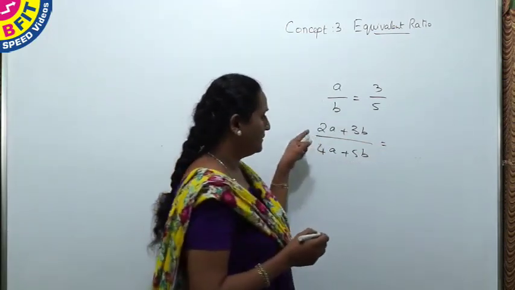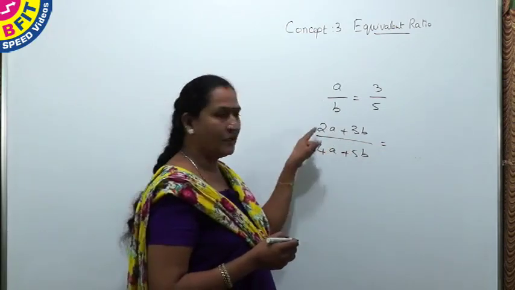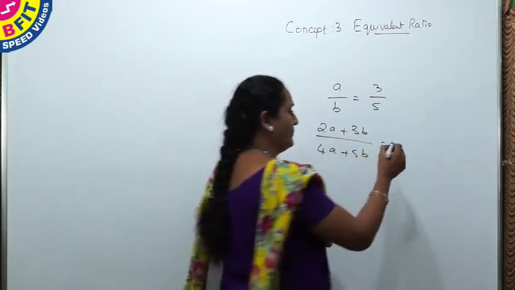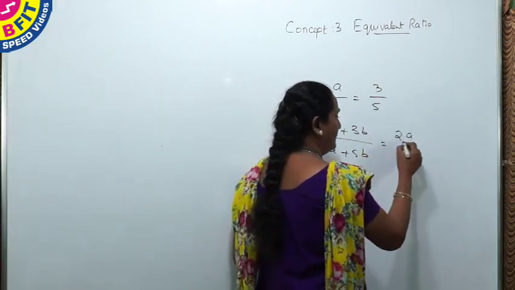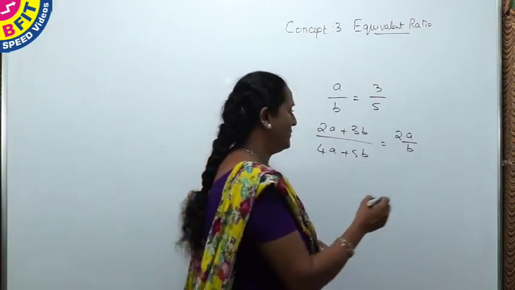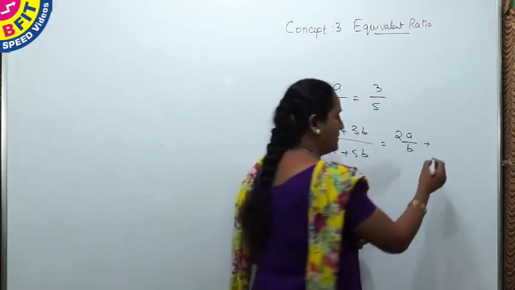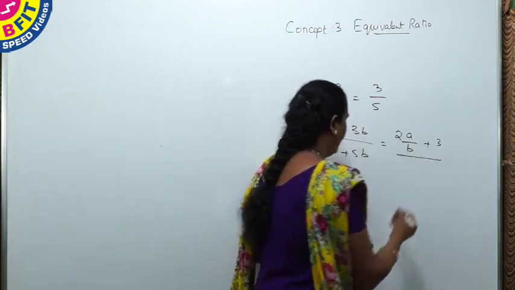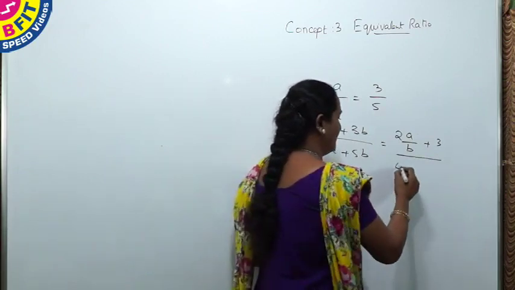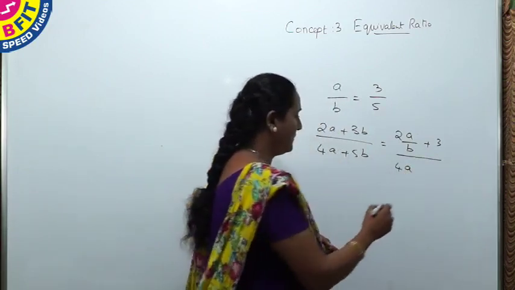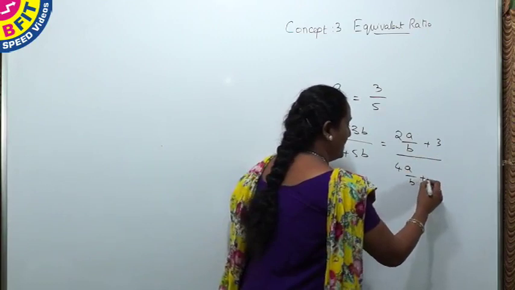So dividing the numerator and the denominator both by b, we have 2a by b, and when 3b is divided by b, it is just 3. And now it is 4a by b plus 5.